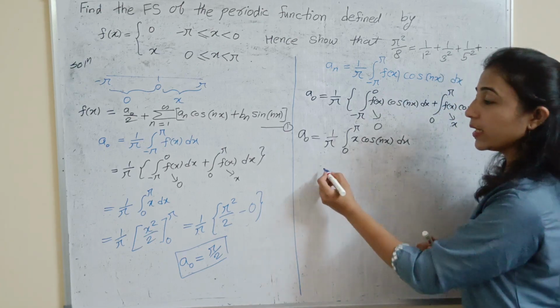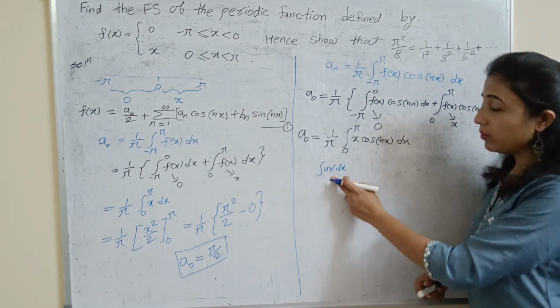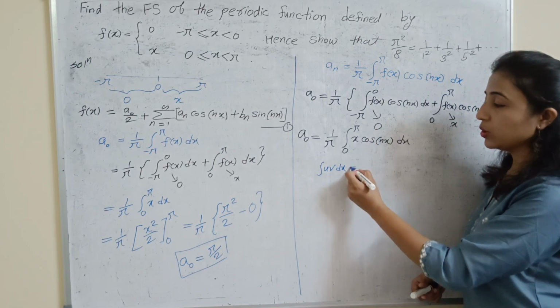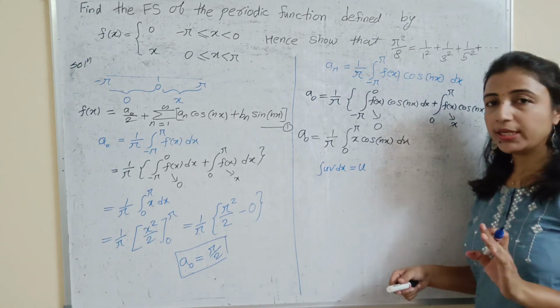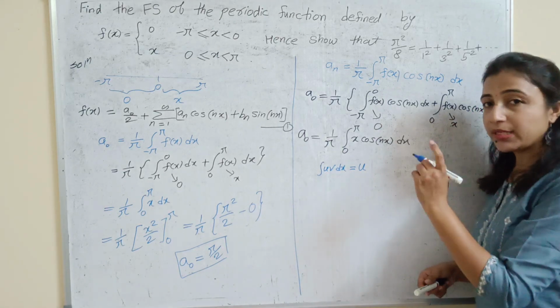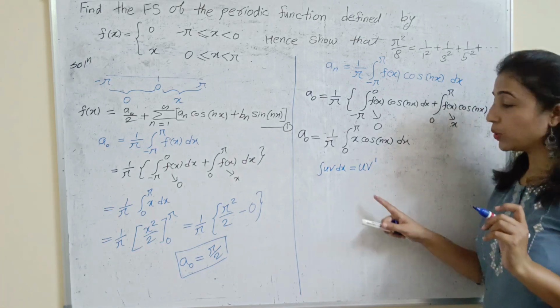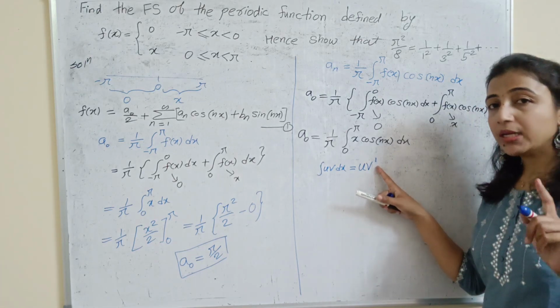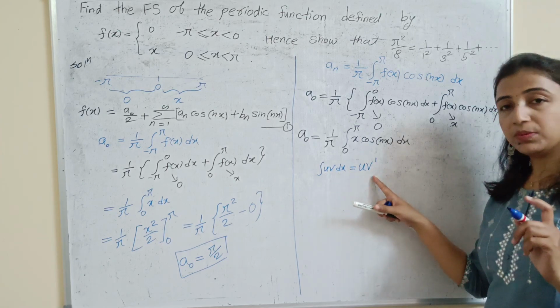So see here, integration of uv dx, when it is an integration of a product of two terms, write down u as it is. The same rule you apply for u in the integration by parts formula. So u as it is, integration of second term, which I will denote by dash. So this dash denotes integration of v. First term as it is, integration of second term.